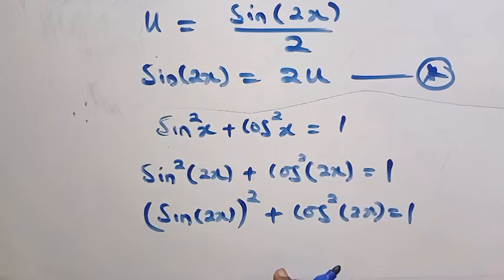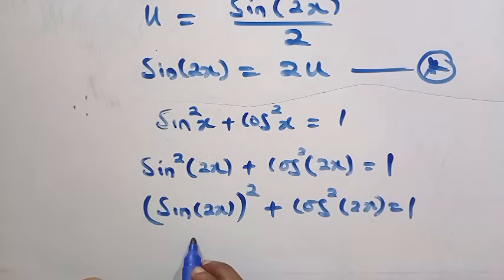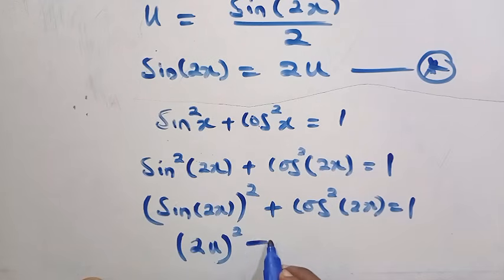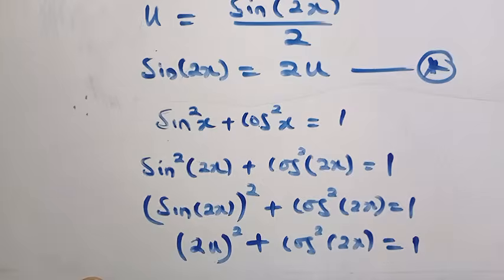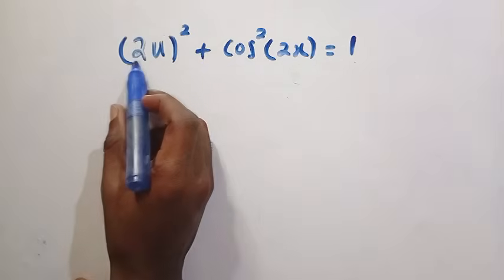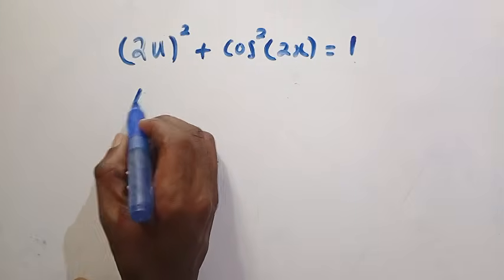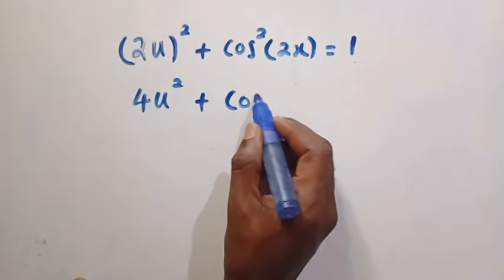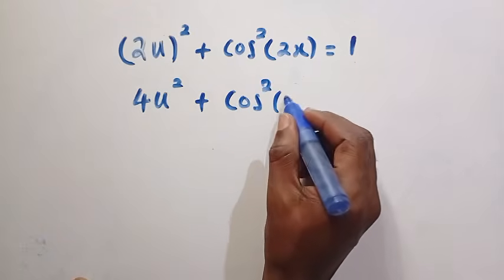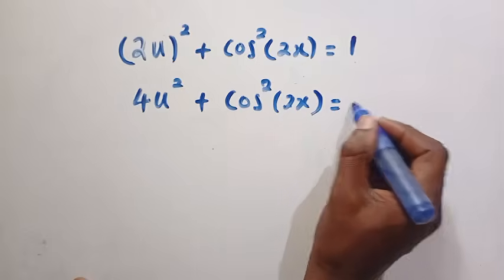For sine 2x equals 2u, we have 2u squared plus cos squared 2x equals 1. So 2u squared gives us 4u squared plus cos squared 2x equals 1.